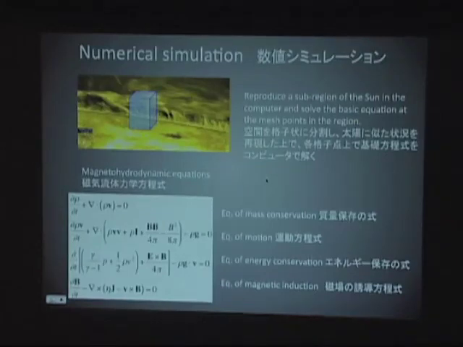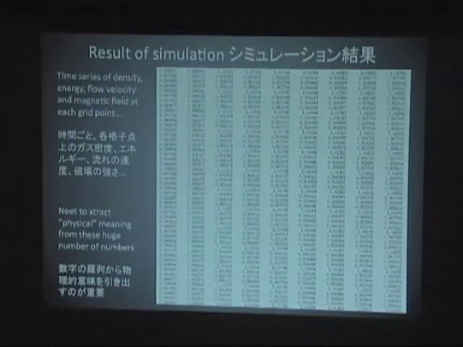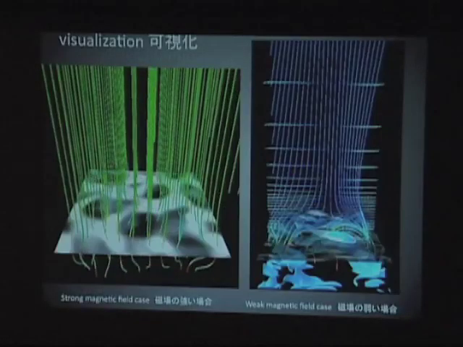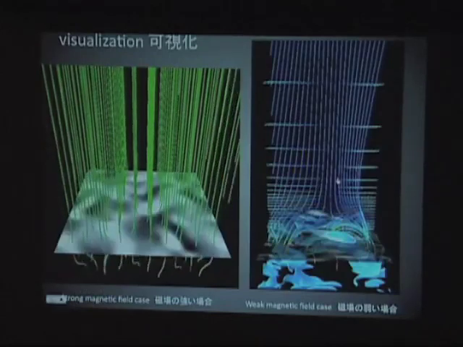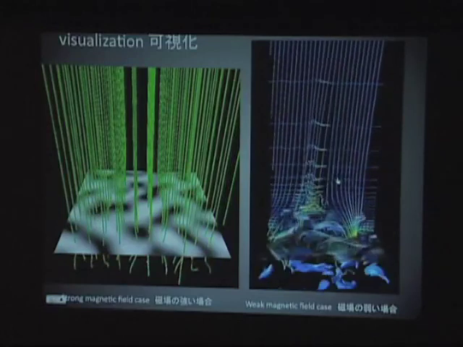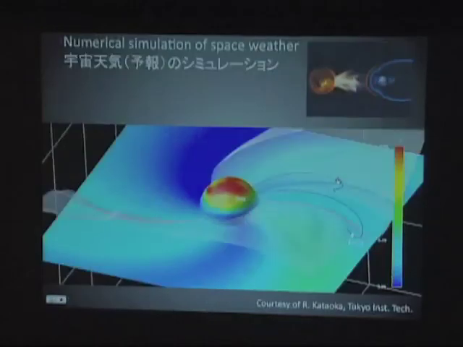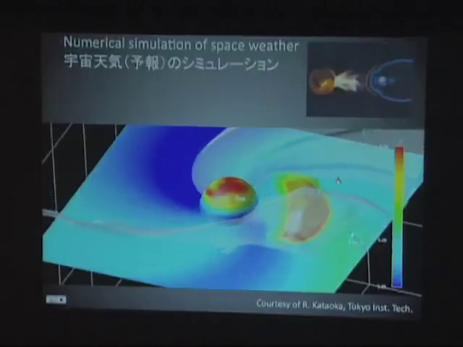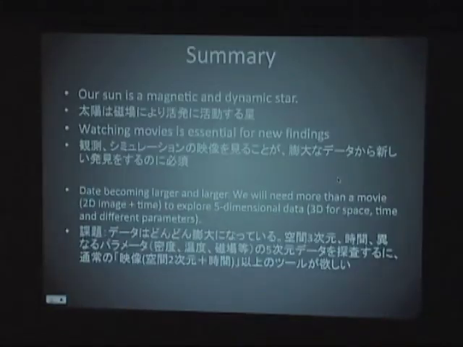Then in those grids, we establish magnetohydrodynamic equations, and we try to get the answer to each of the formulas. The result of the simulation is a huge, long list of numerical figures. So imaging is very important. This is a simulation of cosmic phenomena.